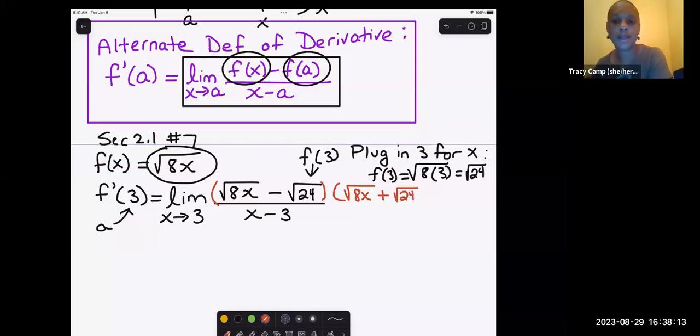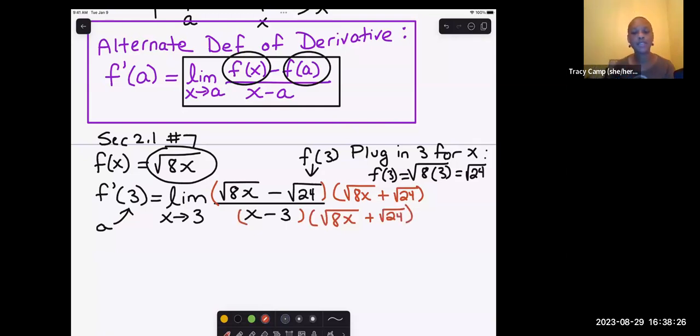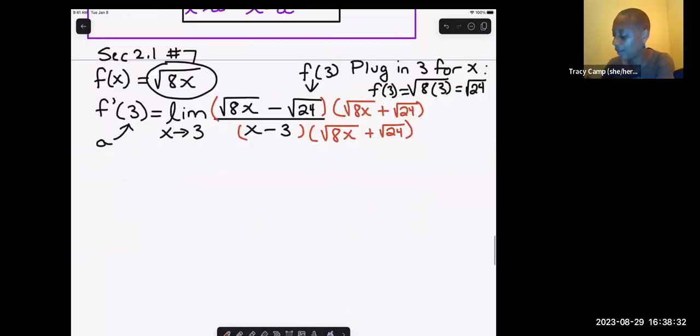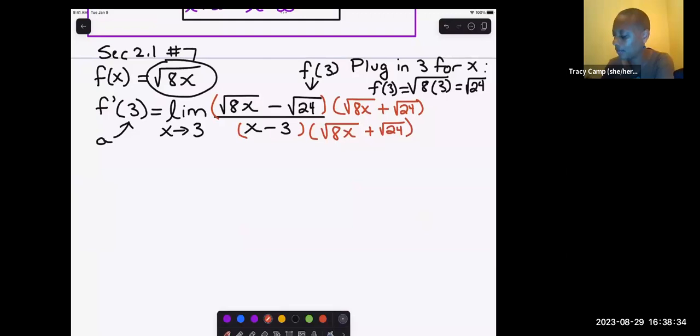So I'm multiplying by the square root of 8x plus the square root of 24. Conjugate just means that you change the sign in the middle: instead of square root of 8x minus square root of 24, it's square root of 8x plus square root of 24. I did a problem like this in the 1.2 video, and there are problems like this in the homework also.